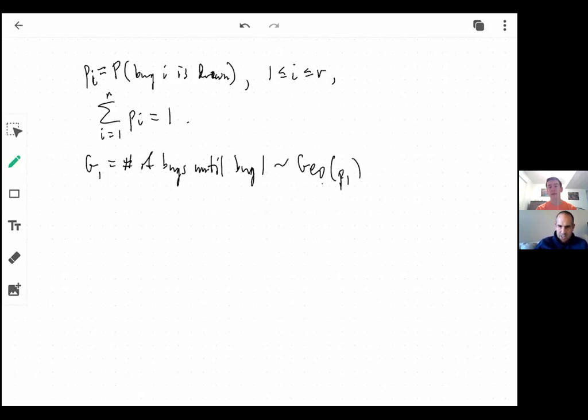Yeah. So the expected value of G1 is just 1 over P1. Is that what you got?